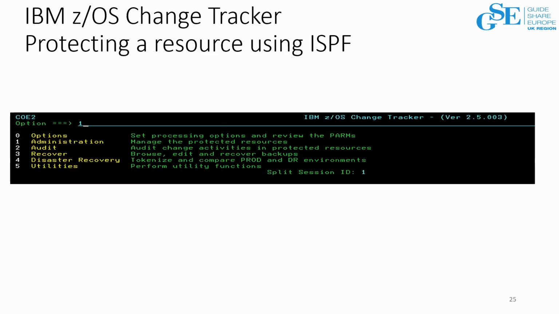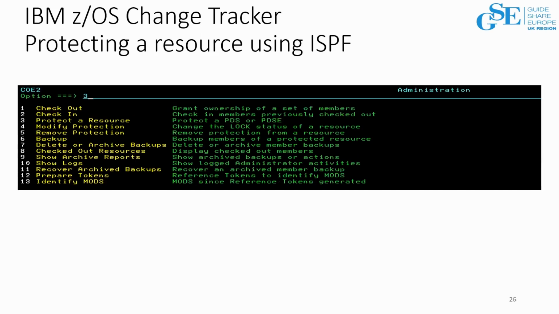In the initial release of Change Tracker, this is an ISPF application and will continue to be an ISPF application. It's just that, as you will see, we're going to be putting z/OSMF on top of that to also manage some of the features that you're seeing here in these panels. So how do we protect a resource using ISPF?